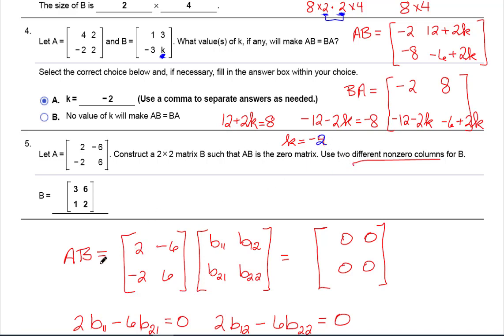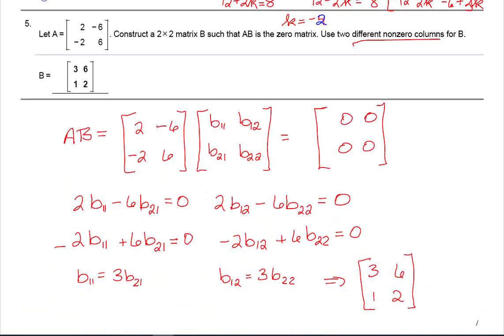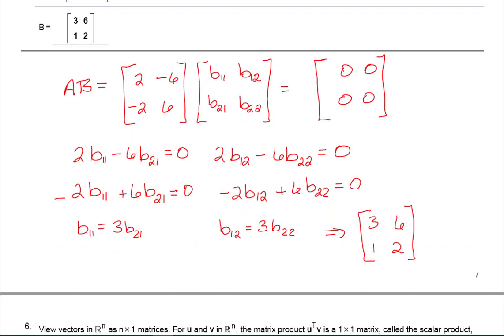All right, in this case, I want to find some matrix B where we would like A times B to be 0. And we want B to be non-zero, and we want the columns to be unique if possible.